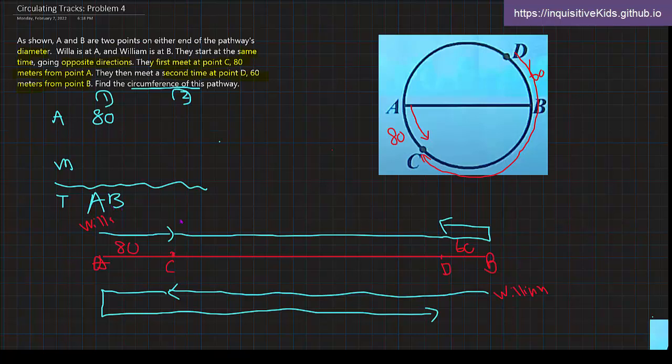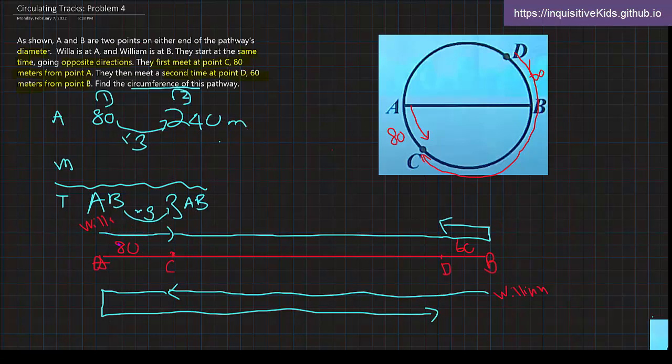By their second meet, they have walked altogether 3 AB. Since these are all proportional, we also multiply 80 by 3, which gives us 240. So by their second meet, Willa has walked 240 meters.